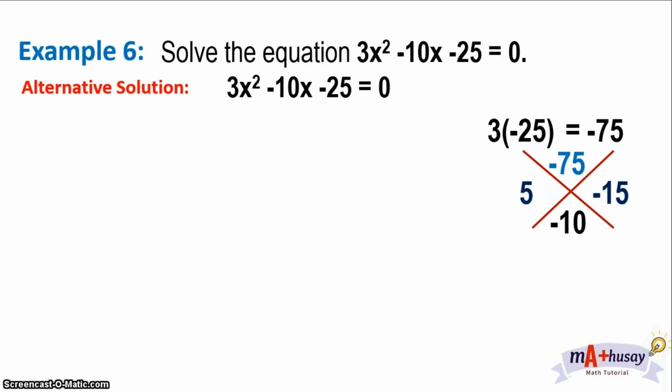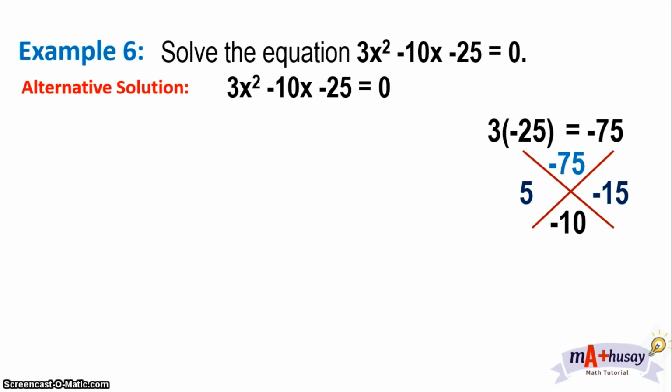Kasi 5 times negative 15, it's negative 75. But when you add negative 15 with positive 5, you'll get negative 10. So, factors yun siya ng negative 75 at sum siya ng negative 10.